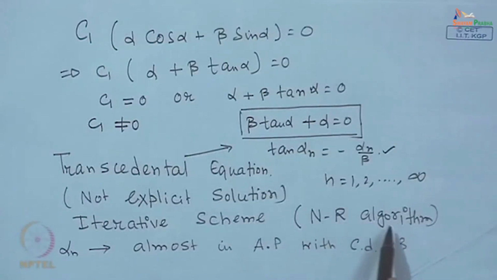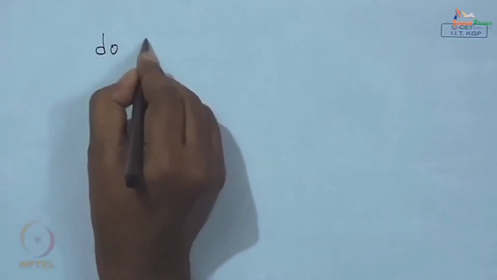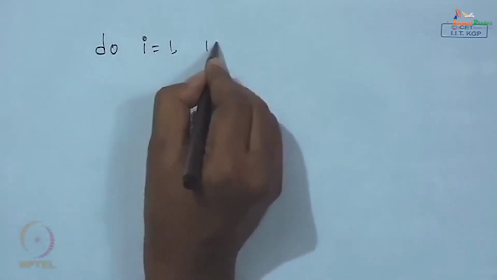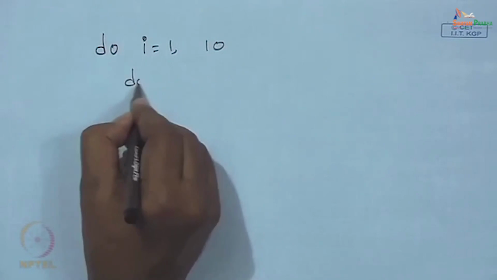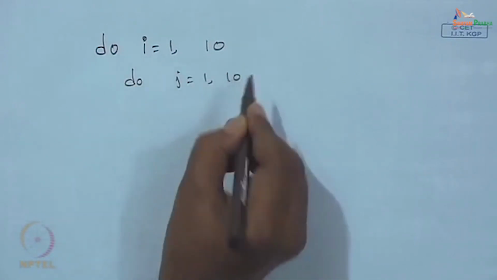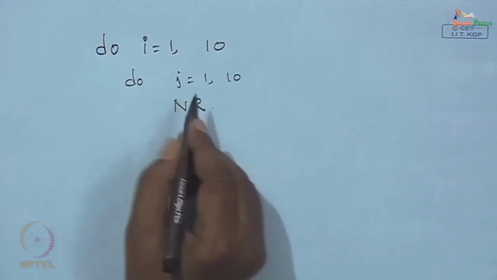So, the whole numerical algorithm will be put into two loops. The internal loop will be the Newton-Raphson loop for a known value of beta. The outer loop will consist of the guess value, which is given in increments of alpha. If we look into the structure of the numerical solution, there will be two loops, with i equal to 1 to, let us say, 10, computing the 10 eigenvalues, and do j equal to 1 to 10. The first loop will be Newton-Raphson for the solution of this.